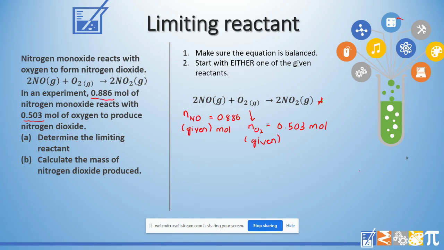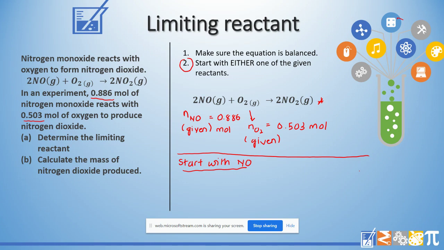Refer to step number 2. Start with either one of the given reactants. In this case, maybe I would like to start with NO. If I start with NO, that means I'm going to calculate the amount of oxygen needed.